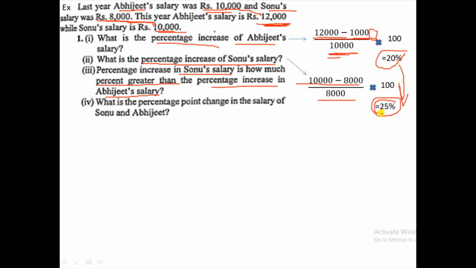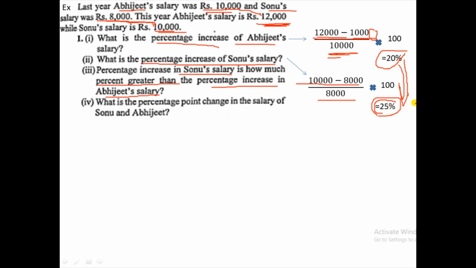Percentage increase in Abhijit's salary is 20%. So the question is simple: this 25% is how much percent greater than 20%? So the answer should not be 5%.